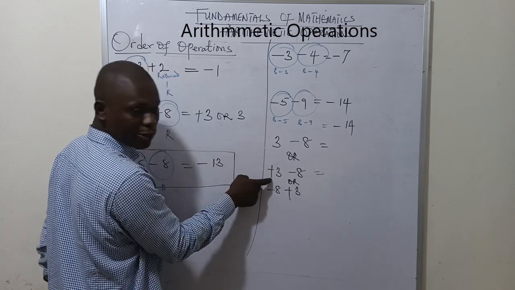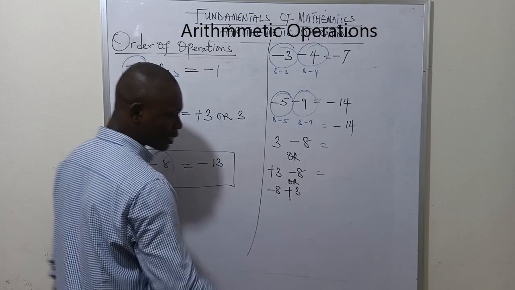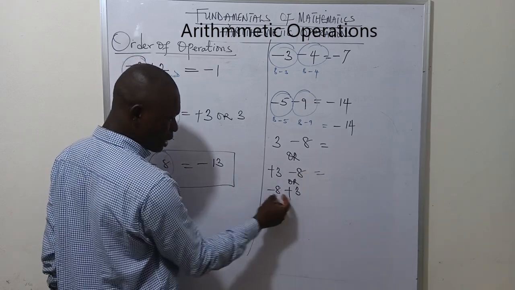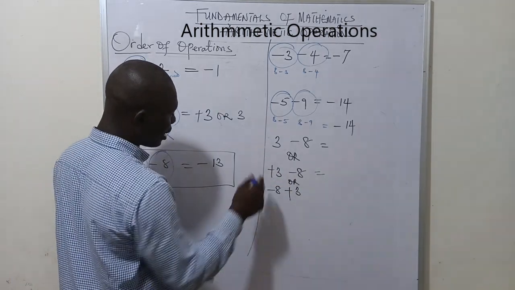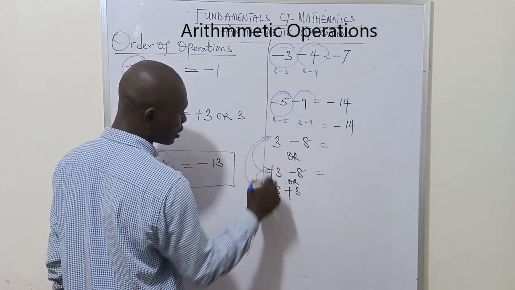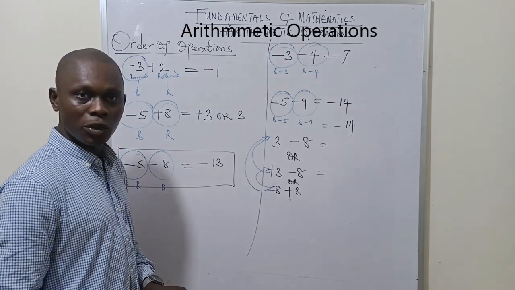Then I have my minus 8 here. If I want to rearrange, no sign is changing. So my minus 8 is coming first, then my plus 3 is coming here. So this here is the same thing as this, and it's also the same thing as this. They're all the same. I've just rearranged them.